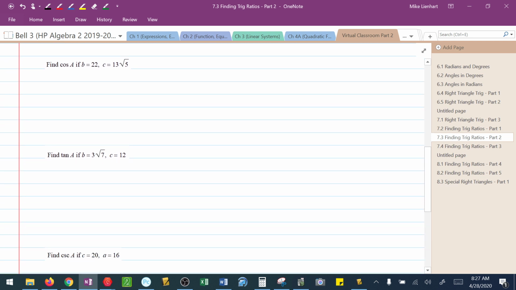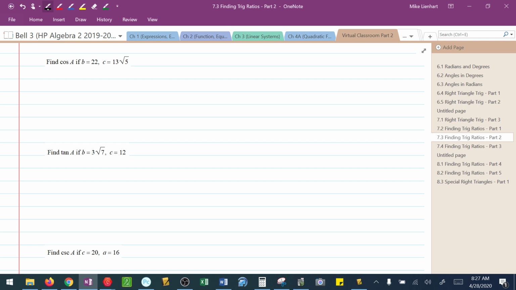Okay? Each scenario, I like to start with a new triangle. So again, I'm just sketching triangle ABC. All right? For this problem, they want me to find the cosine of A. All right, I'm going to put in what I know.